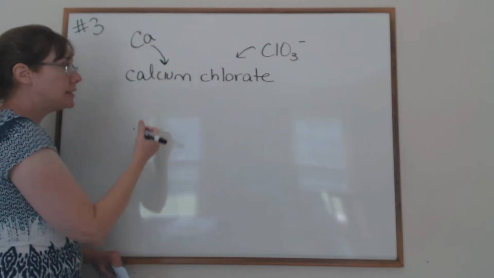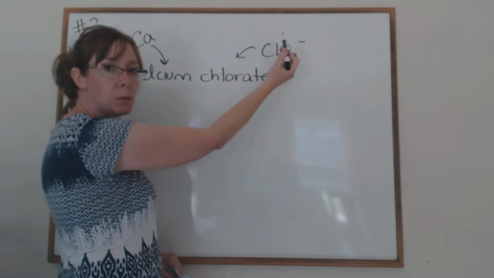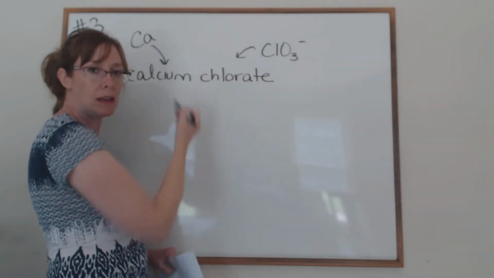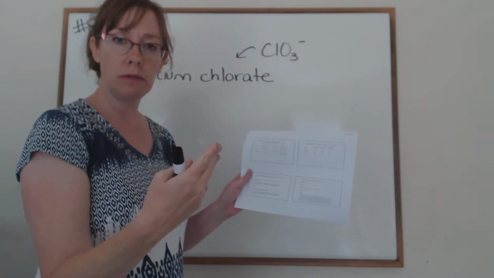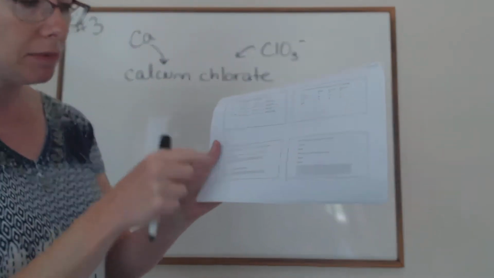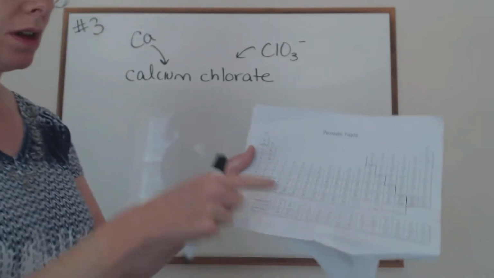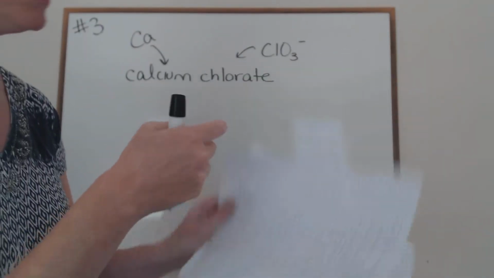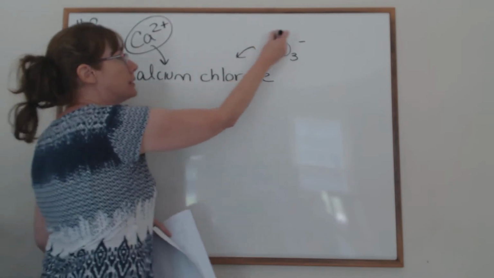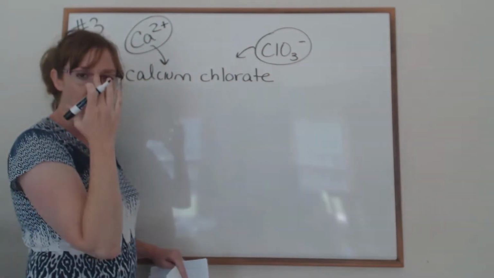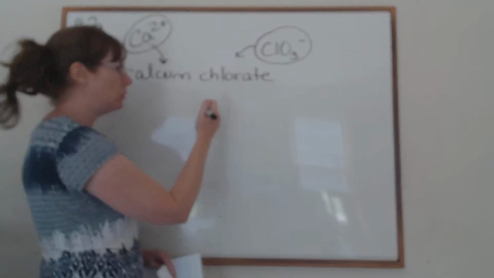Calcium is obviously the charged form of calcium because it's with an anion, so therefore it must be the cation, or the ionic form of calcium. Calcium is in group 2, which means it always forms a 2+ cation. So there's your 2 species in this ionic compound, and it's all about how many of each you need to get neutral.